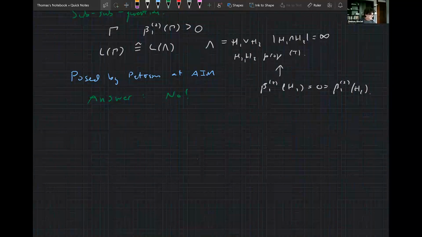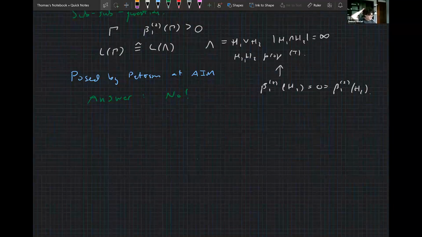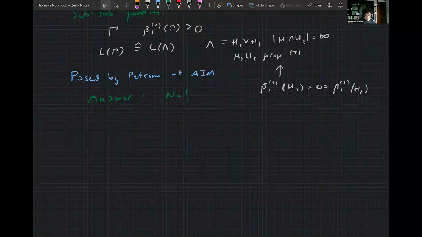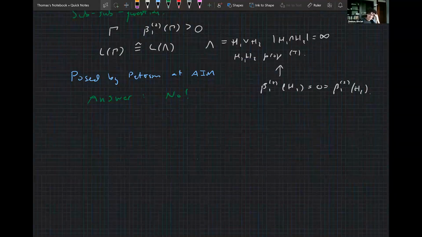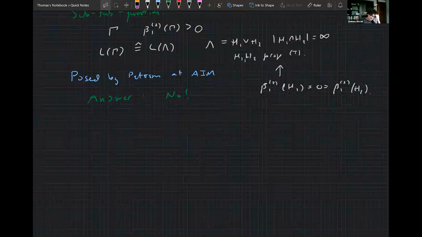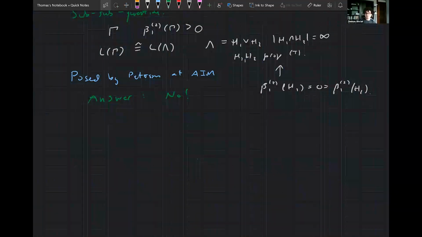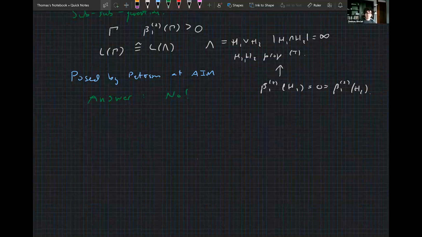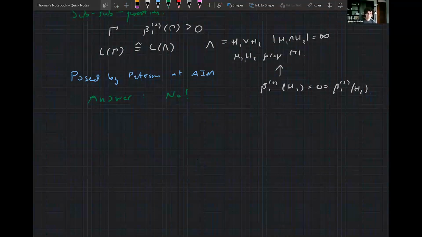So I want to talk about the ideas here that helped us resolve this question. But before I do that, are there any questions over this background? I'll just pause here for a few seconds.